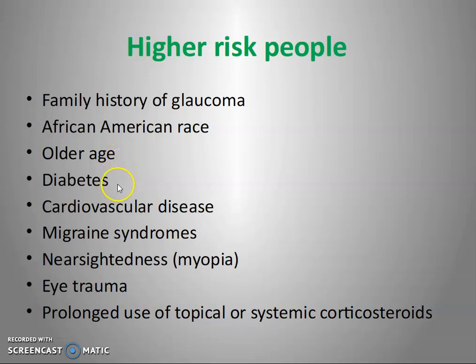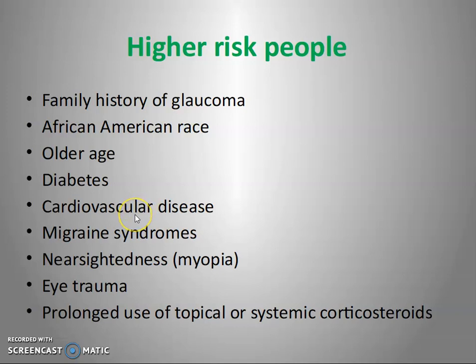In diabetes, there is microvascular complication which can cause retinopathy or optic neuropathy and can lead to a further glaucomatous state. In cardiovascular diseases, there is excessive vascular pressure which can damage the retina and can cause glaucoma.